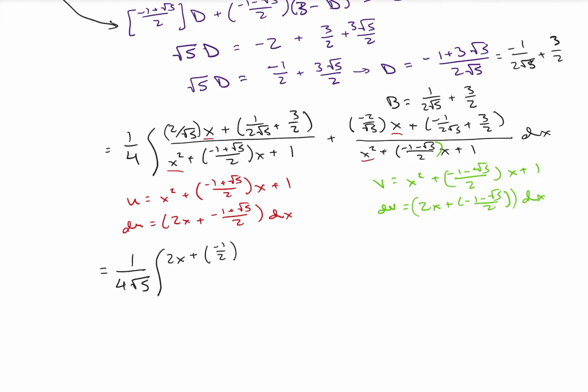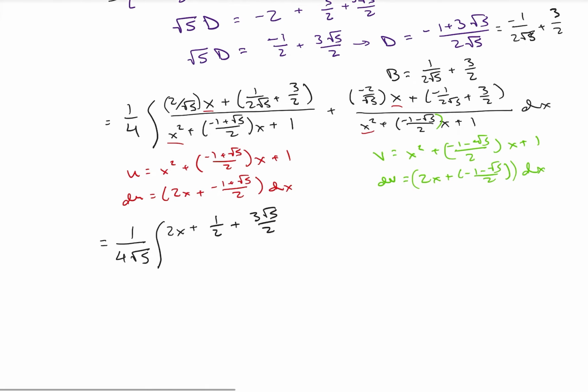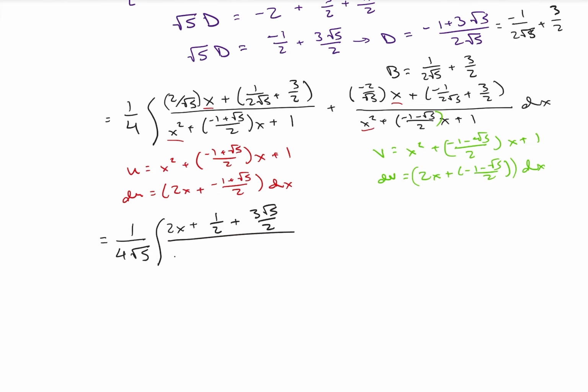Actually, let's go ahead and write this out so that I'm not confusing anybody. So 2x plus 1 over 2 plus 3 root 5 over 2. And on the bottom, I have the same thing, x squared plus (-1 plus root 5)/2 x plus 1 dx, plus 1 over 4 root 5. I'll pull out a negative.